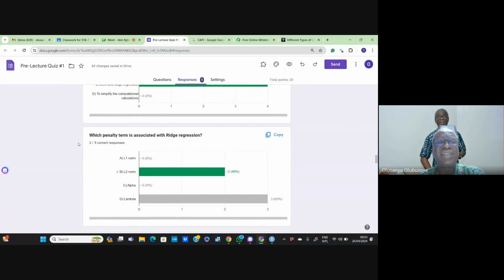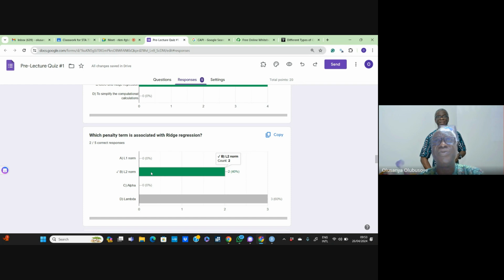Which penalty term is associated with ridge regression? L2. L2 is the one that minimizes the RSS plus lambda times the sum of the squares of the coefficients.